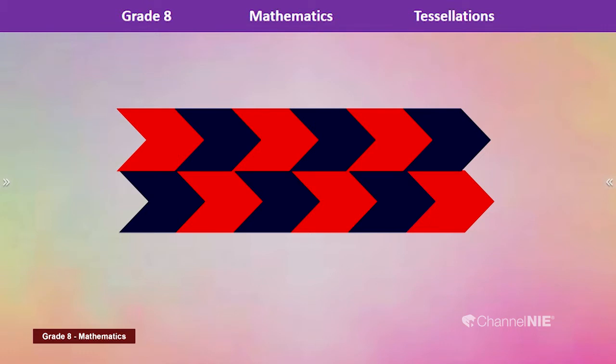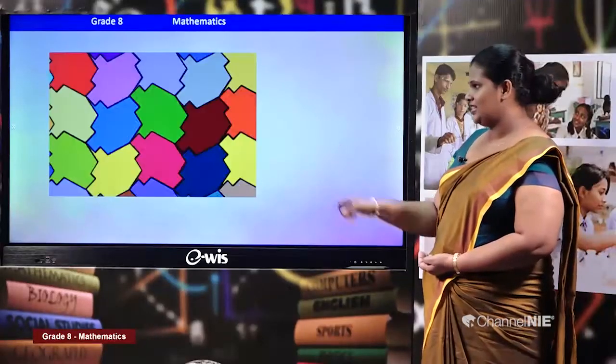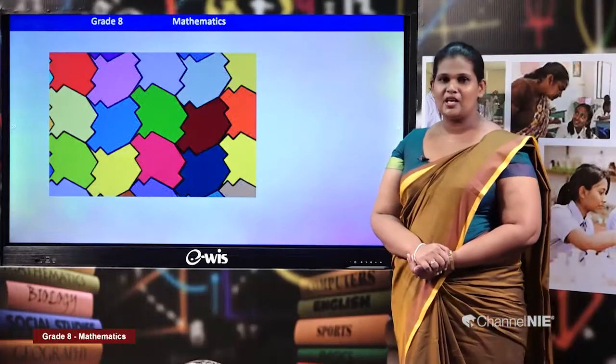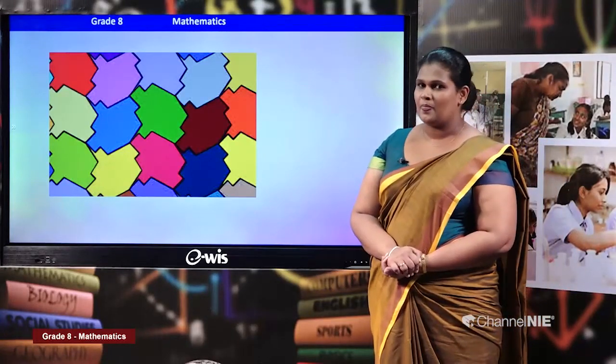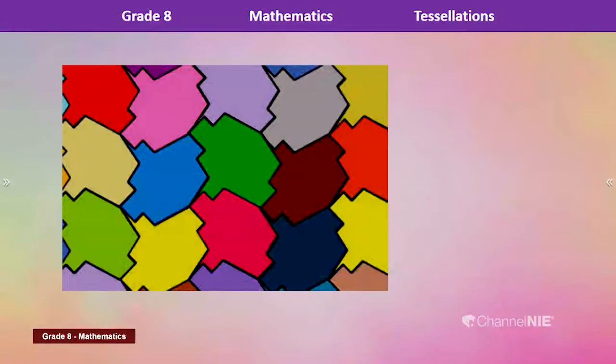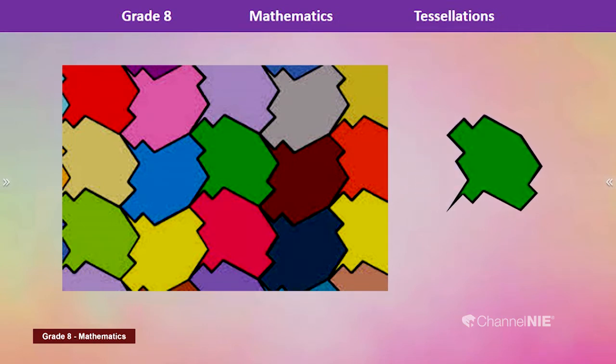Here also we have used only one shape. So, we can say this is also an example for pure tessellations. Right. What can you say about this picture? Here, we can't say a name for the shape they have used. Have a look at the shape. This is the shape that we have used throughout the picture.